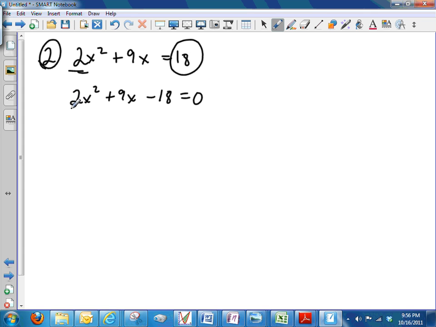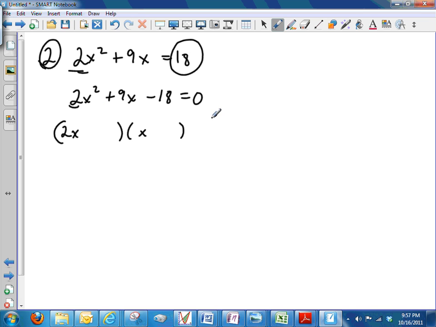Now, the 2 makes this a little bit more difficult because when we go to set up our binomial, we have to take into account that it can't just be x and x anymore. One of these is going to need a 2 in front of it to get the 2x squared back.